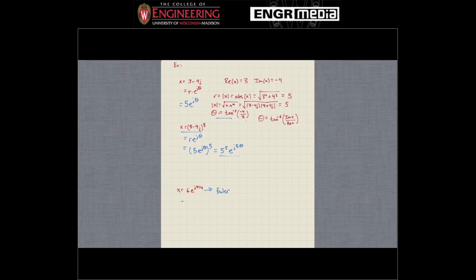So using Euler's identity, this is equal to 6 times the quantity cosine pi over 4 plus j sine pi over 4. And then we're done. If you didn't know what these are, you could just evaluate them on your calculator, or you could draw a unit circle and figure them out.